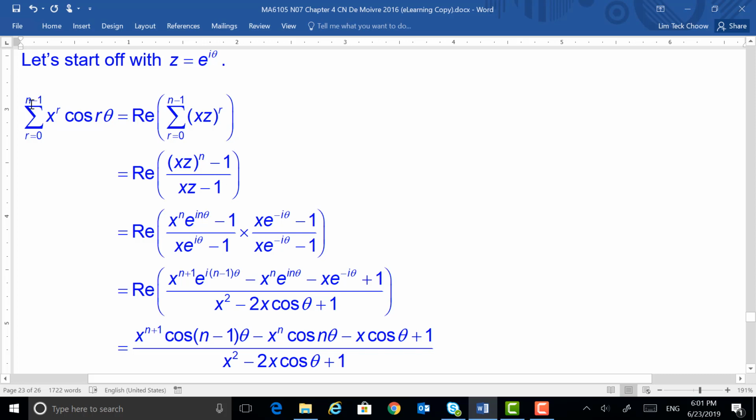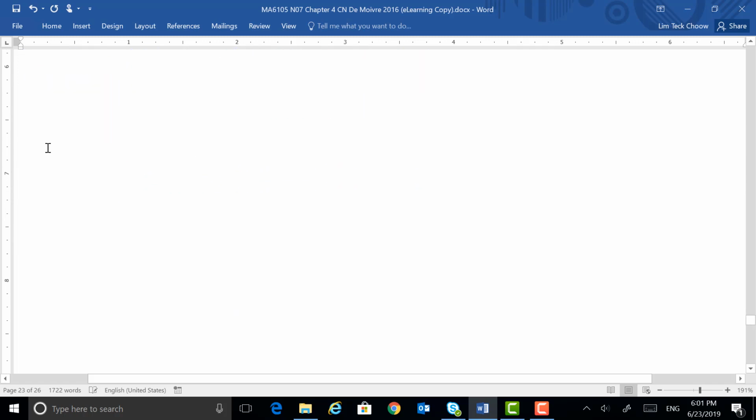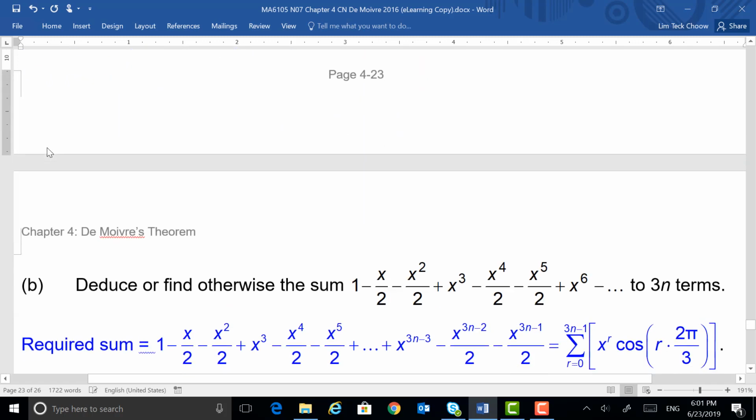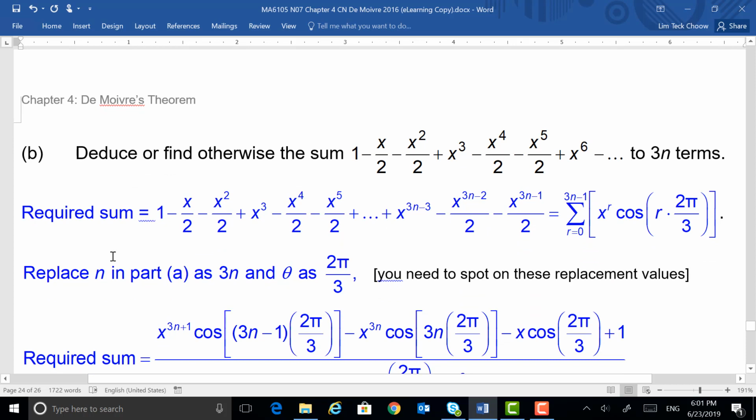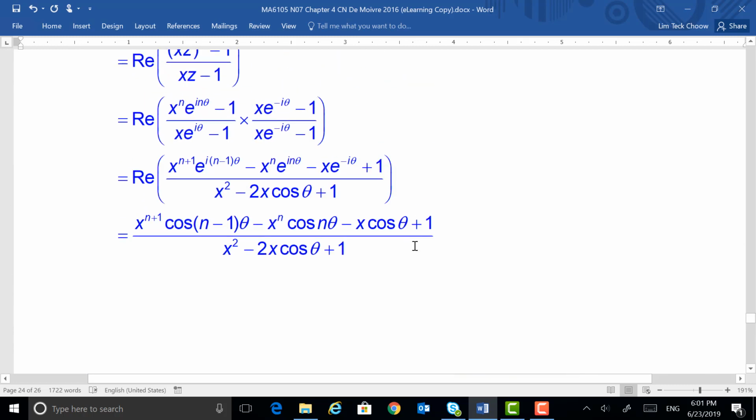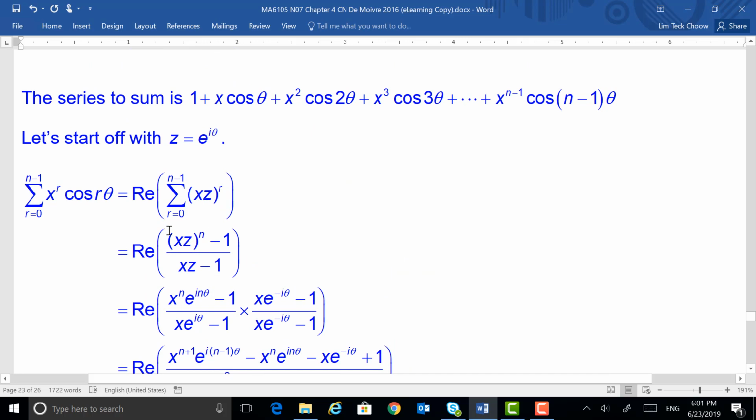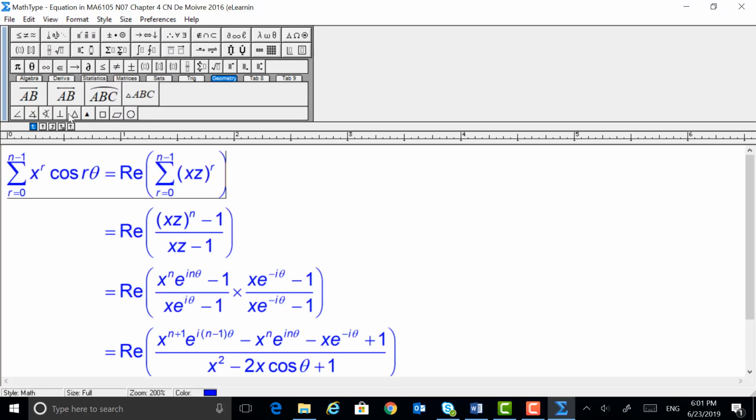So that suggests to you that you should put the n as 3n so that you will have a total of 3n terms. But what is more difficult to determine is that in the series above, maybe I should actually copy this down to show you. This series from the top.